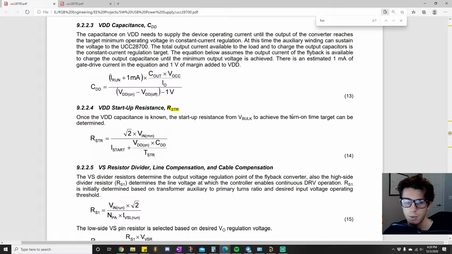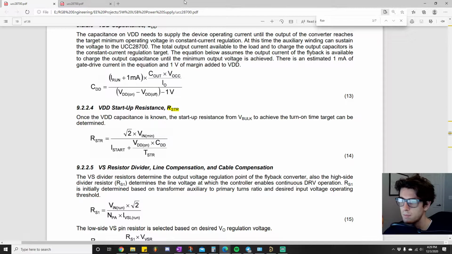You might pick a value based on other constraints such as footprint size, BOM cost, or safety. There could be a lot of reasons why you would pick a certain start time. To be honest, I don't really have an answer for what that number should be.